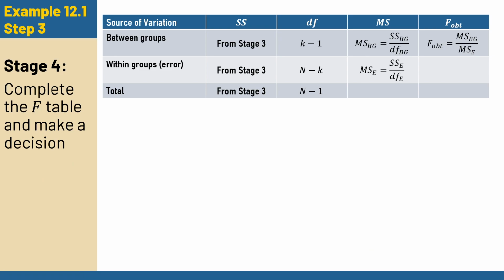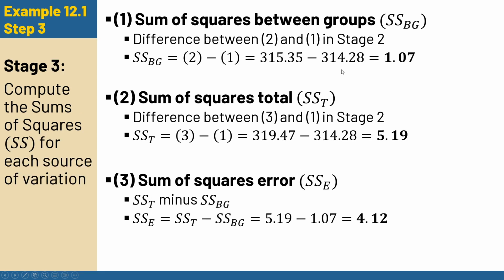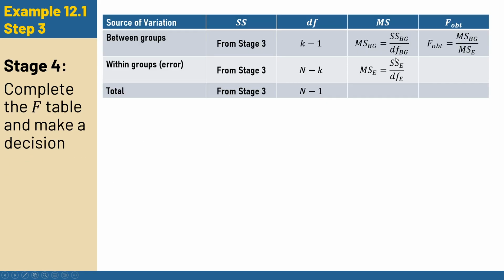And then we'll use this to calculate and complete our F table. And so sum of squares between groups from stage 3, guess what? That's what we calculated up here, 1.07. Within groups and total, also from stage 3. Degrees of freedom we've already calculated. And so now the mean squares, we're essentially just taking this cell divided by this cell to calculate this cell.